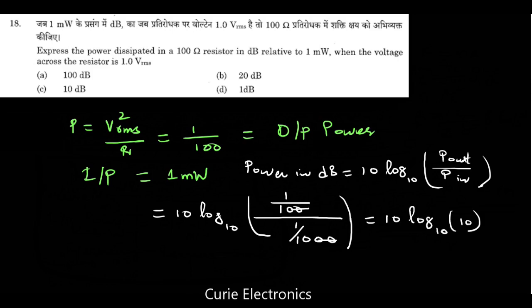Log 10 to the base 10 is equal to 1, so 10 multiplied by 1 is 10 dB. So the answer is option C. You should know this equation, power in dB.